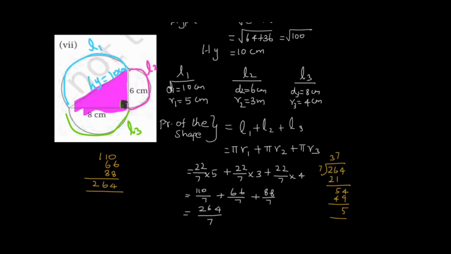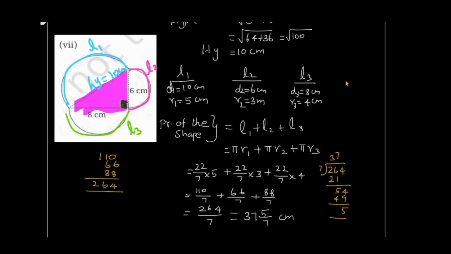We can write this as a mixed fraction: quotient 37, remainder 5, divisor 7. So perimeter of the given shape is 37 5 by 7 centimeter.